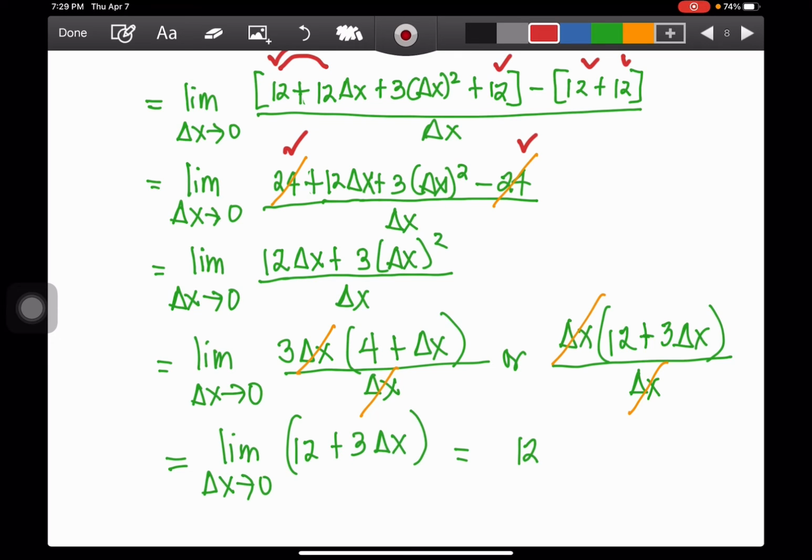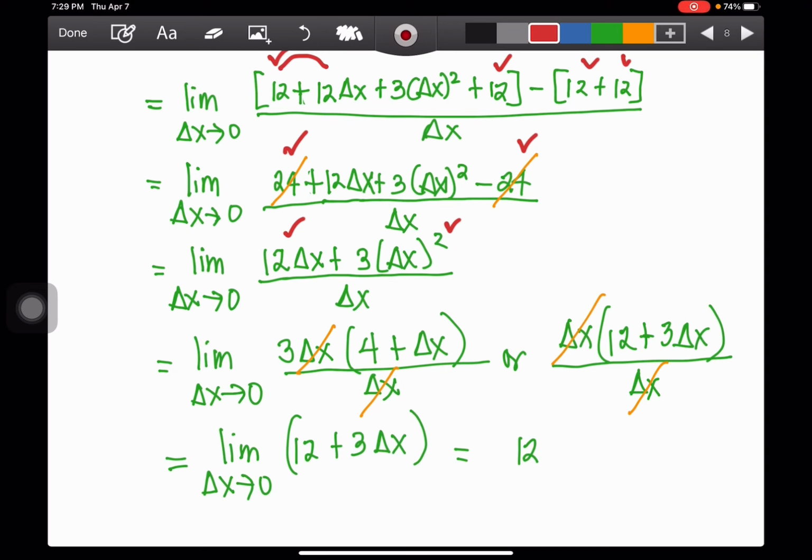So you have a leftover of 12 delta x plus 3 delta x squared all over delta x as delta x approaches 0. Now again, you can take out the common factor. The common factor is 3 delta x times the leftover 4 plus delta x, all over delta x as delta x approaches 0. So I hope you can remember that factoring. Now, it could be that you just leave 12 inside the parentheses and just take out delta x, because that's only what we are going to cancel in the denominator.